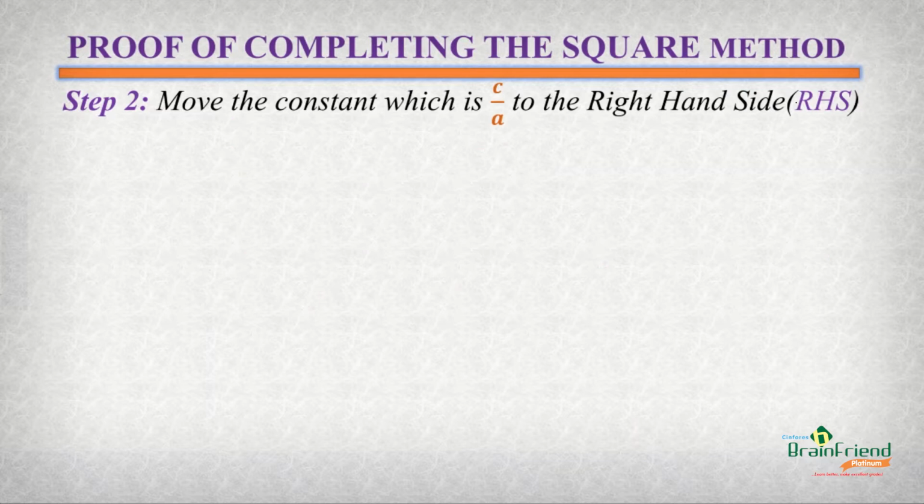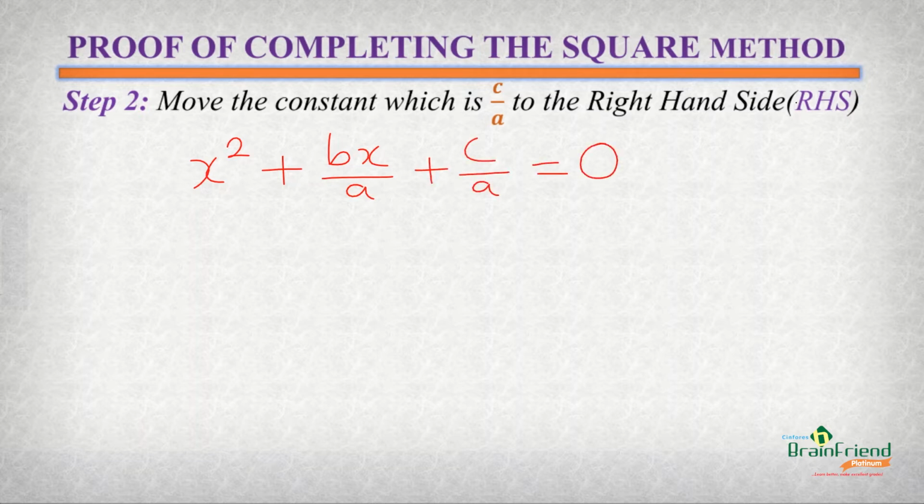Moving on to step 2, we now have to move the constant, which is c over a, to the right hand side of the equation. Remember, our equation 1 was x squared plus bx over a plus c over a, and that's equal to 0. To move c over a to the right hand side, what we need to do is to subtract c over a from both sides. Doing that will eliminate c over a from the left hand side.